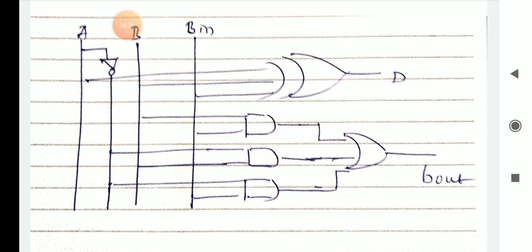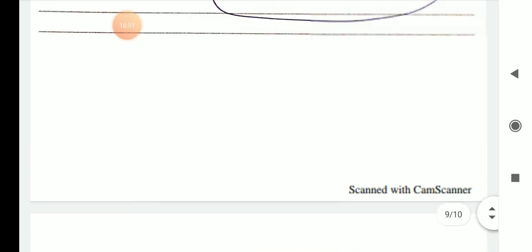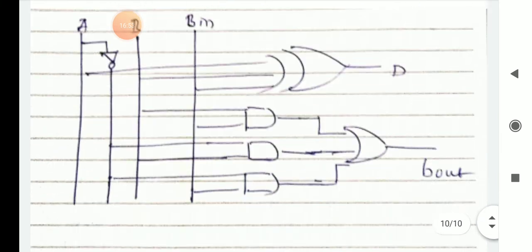So you can add these three. Then put one OR gate, connect the outputs of the AND gates to the inputs of the OR gate, and then write the output of borrow. So this is the expression for borrow. This is the fully designed logic diagram for the full subtractor.